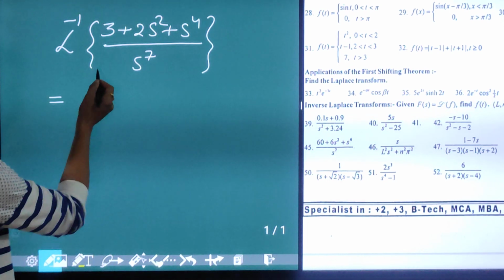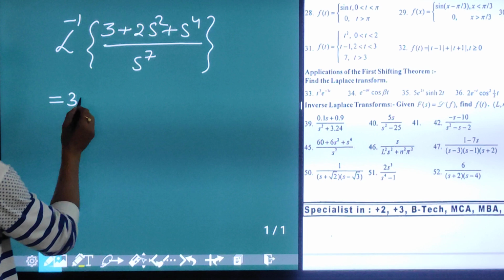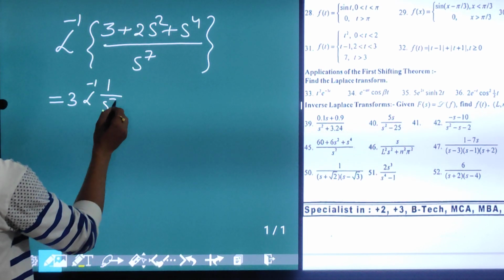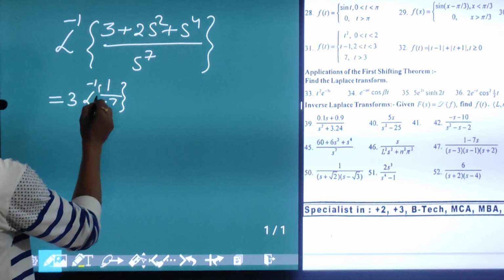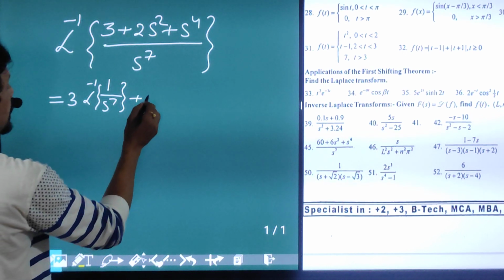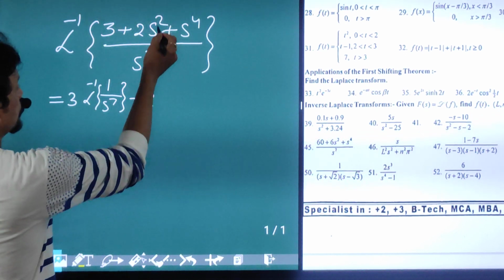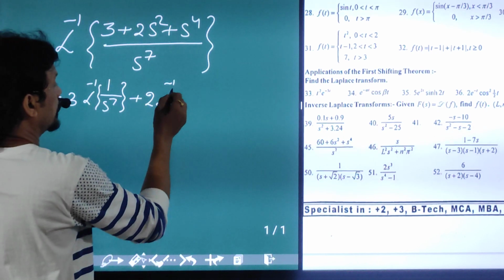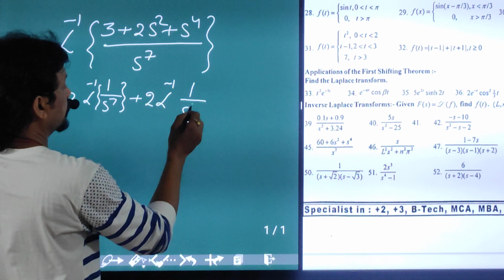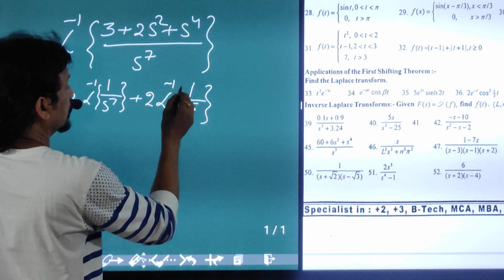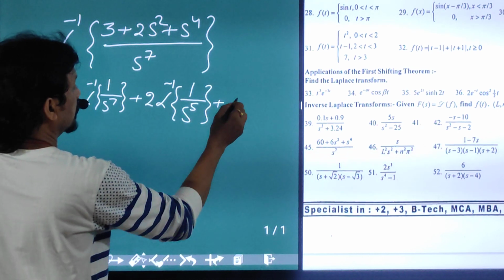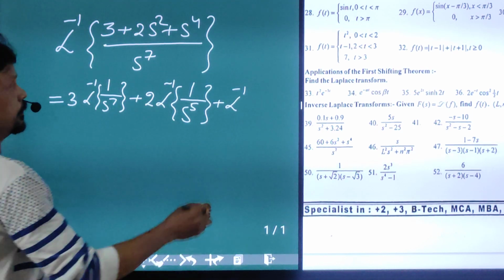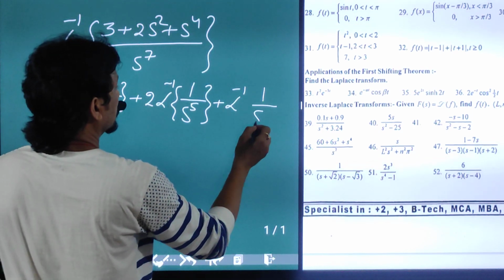I am taking 3 outside, Laplace inverse 1 by s to the power 7, plus I am taking 2 outside, s square and s to the power 7 cancel and it will become 1 by s to the power 5, plus Laplace inverse s to the power 4 over s to the power 7, cancel out, remain 1 by s cube.